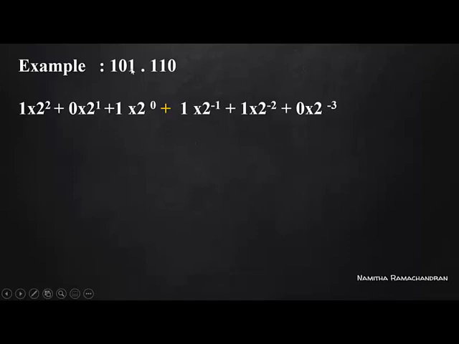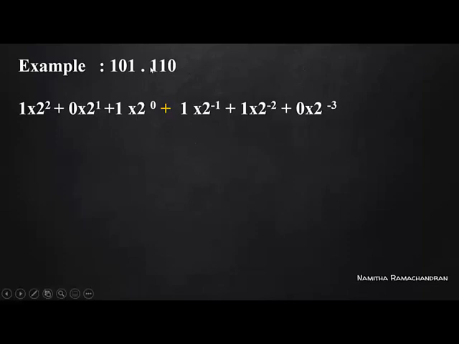Start from this point. This 1 is present in the first place, so 1 into 2 to the power 0. This 0 is in the next position, so 0 into 2 to the power 1. Then this 1 has positional value 1 into 2 to the power 2. This 2 is used because 2 is the base of our binary system.